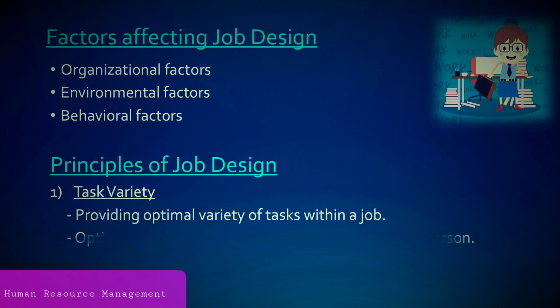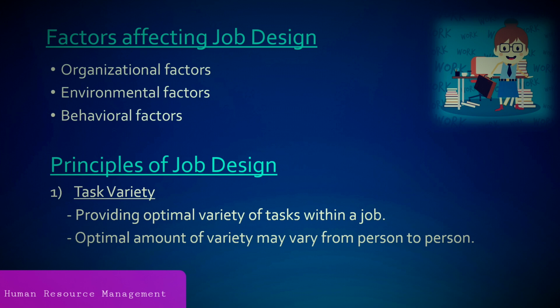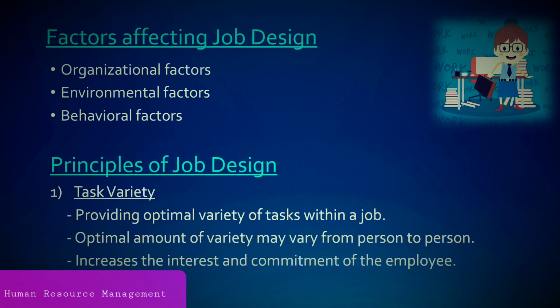Usually, when there is a variety of tasks to be performed in a job, the job holder will have an interest and will commit to his work as his tasks are not repetitive. However, this variety should not be either too much or too little. And also the optimum amount of variety differs from one person to another, and it depends on the level and needs of that particular job.